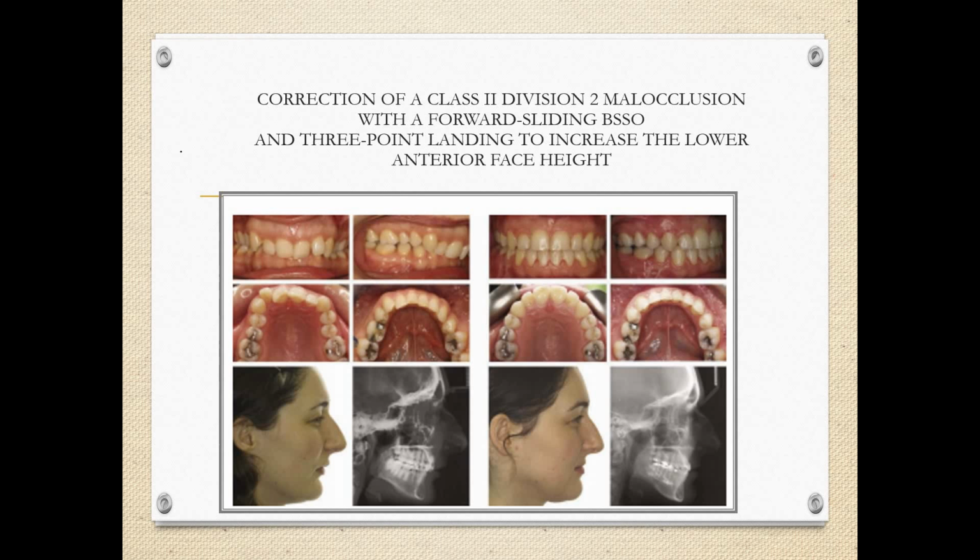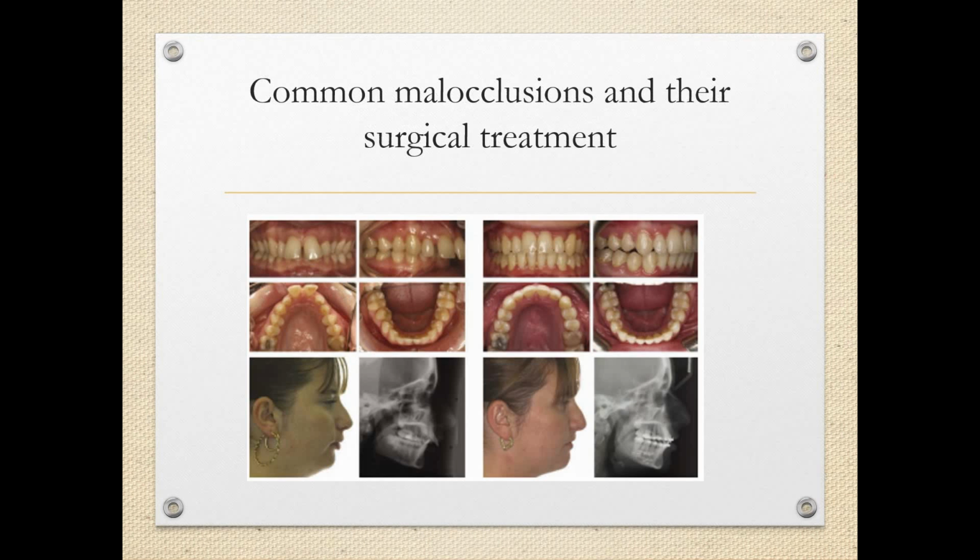If the face height is normal, the mandible will be brought forward with a level occlusal plane, like here, and maintains the existing vertical dimension.